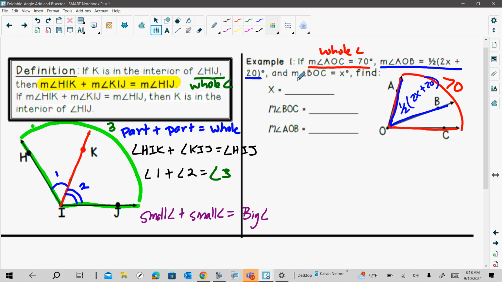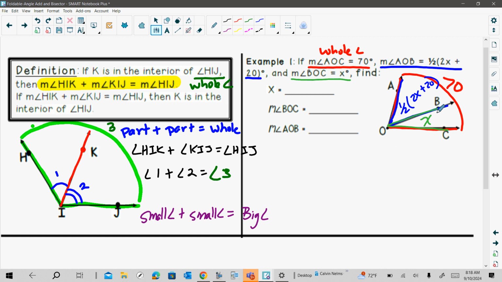Then they tell me BOC is x. So if I go from B to O to C, in this angle here, I'm putting the variable x. Get this labeled, because this is where I'm checking for your understanding. This is part of the work I need to see, okay?